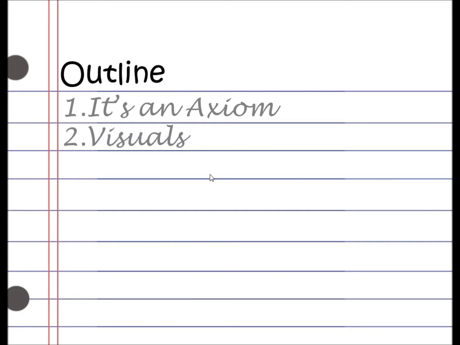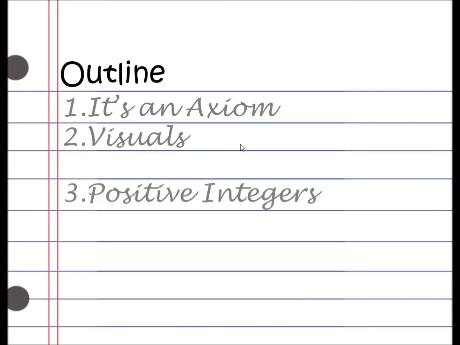I would like to share my outline of this video so you will know what I'm discussing and in what order. First, I'll discuss that this property, that A plus B is equal to B plus A, is an axiom, and also give the definition of what an axiom is. Second, I'd like to share my visual ideas for addition that I'll be using in this video.